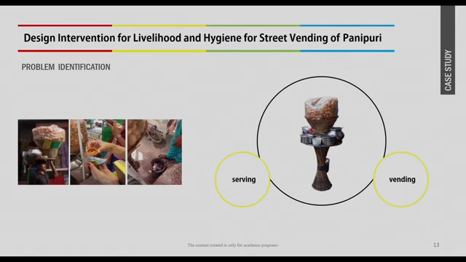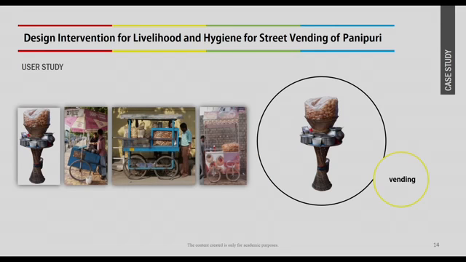So, many things, and then we narrowed down to only two problems: vending and serving related issues, because of the innovation cycle constraint. So, now we have problems related to vending. We went to the actual scenario and again studied the user, how they are using different kinds of carts.